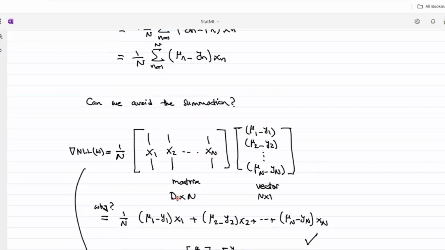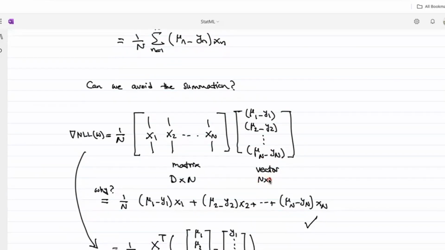And this gives us this d by n matrix, because the length of each of these is then d, because we have d elements and we have n columns right now. And then let's say we put all these differences, this mu1 minus y1, mu2 minus y2, and mu n minus yn here. So this gives us n elements, and this is a vector.